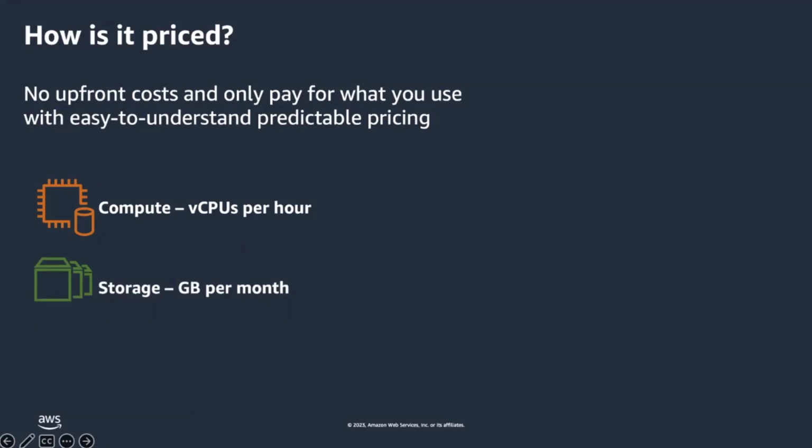With storage, you get billed by the gigabytes per month, and this is the same as many of the other database services in AWS. So very similar from that regard. And the last is backups, which is also billed at per gigabyte per month. Also very similar to the other database services in AWS as well.